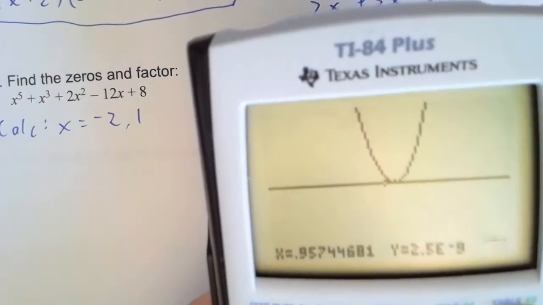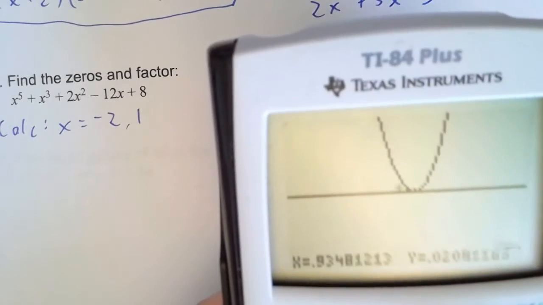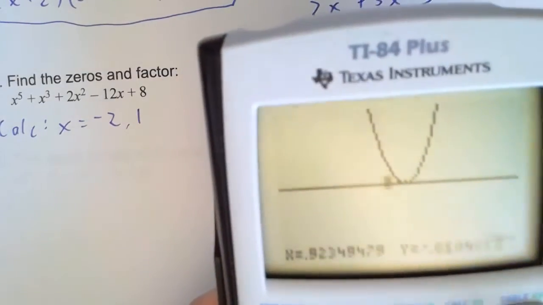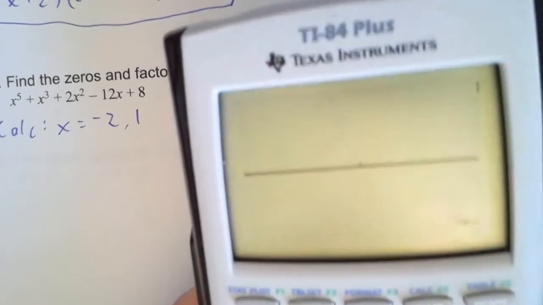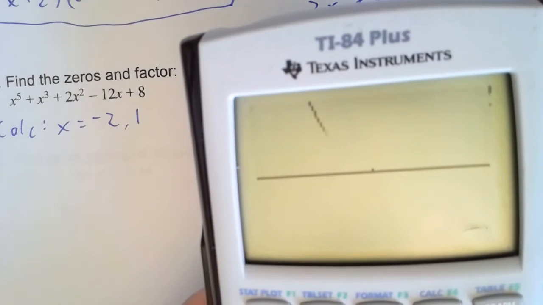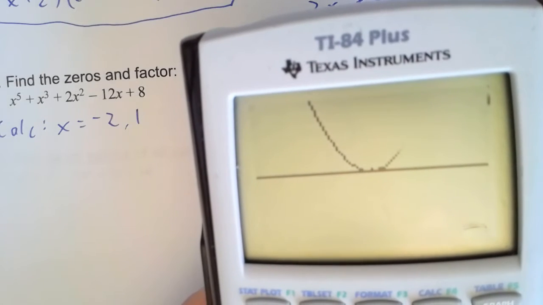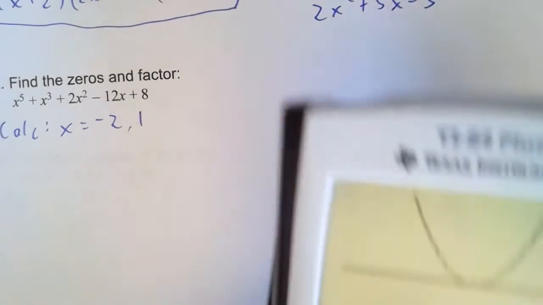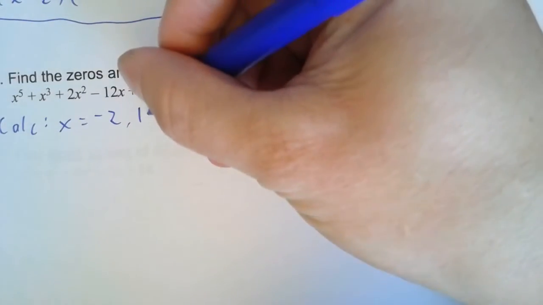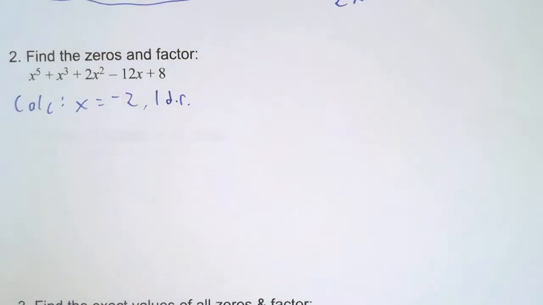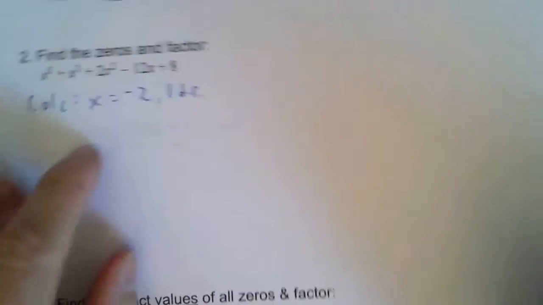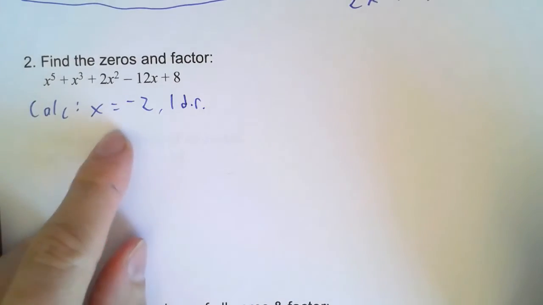It's looking like it's probably just touching here. If you really want to be sure, you can do zoom box again. Let's really narrow in on this and see, is it just touching? Looks to me like it is. So it looks to me like this 1 right here is a double root. Okay, all right, so those are the zeros that we've got from our calculator.